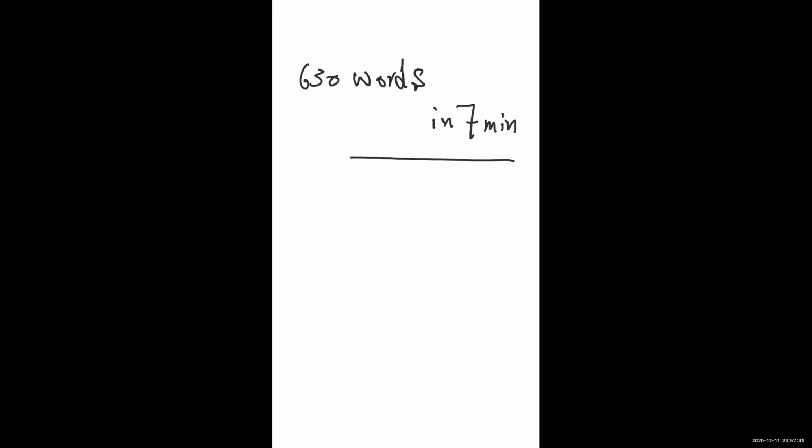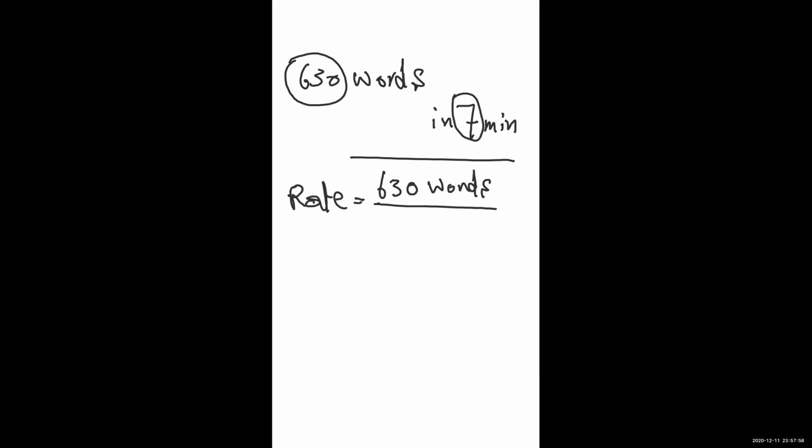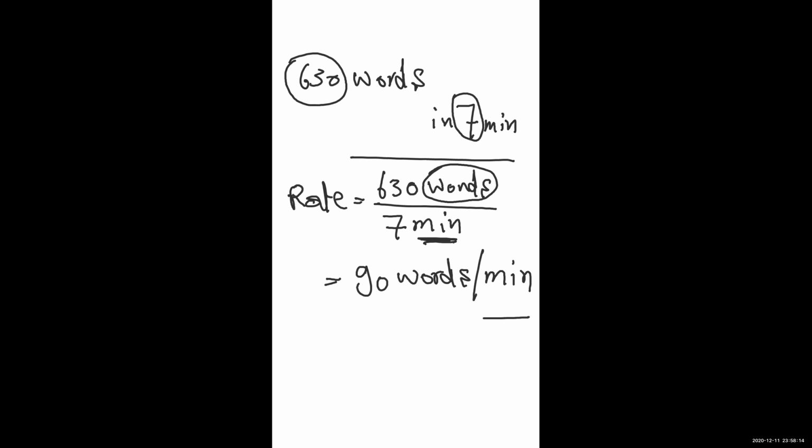The rate of the typing will equal 630 words over 7 minutes. After simplification, it will equal 90 words per minute. Okay, great.